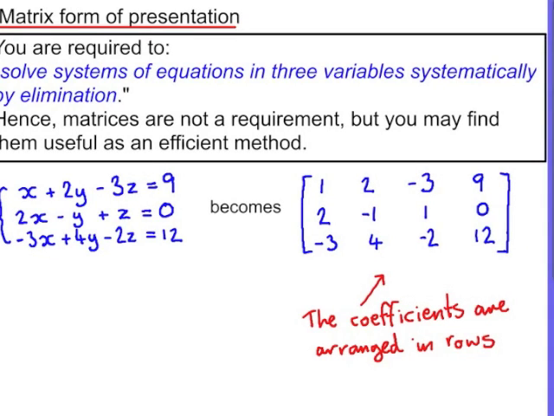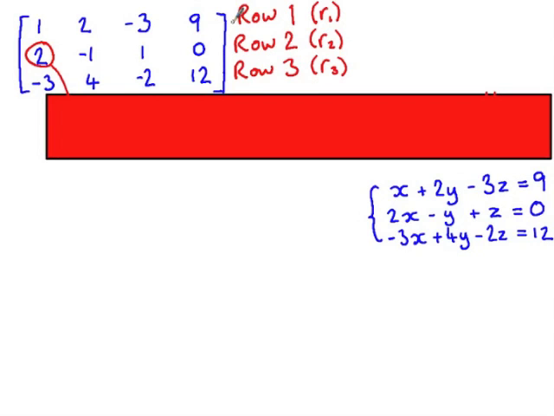Sometimes the matrices have a vertical line to separate the coefficients of x, y and z from the constants on the other side.